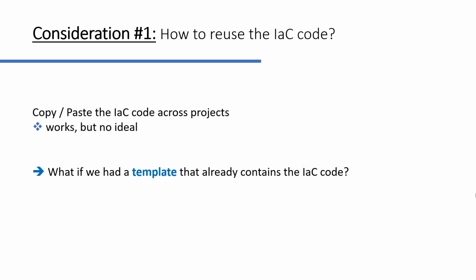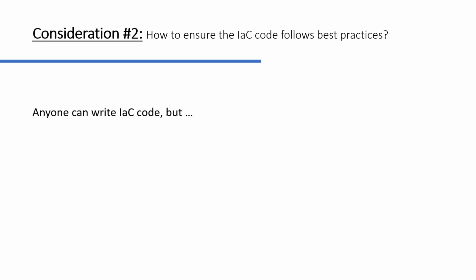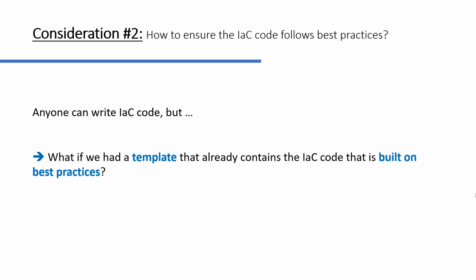So wouldn't it be great if we had a template that already contains that infrastructure code? The second consideration to keep in mind is how do we ensure that the infrastructure code actually follows best practices? Although anyone can write infrastructure as code script or code, we are not all experienced in infrastructure.